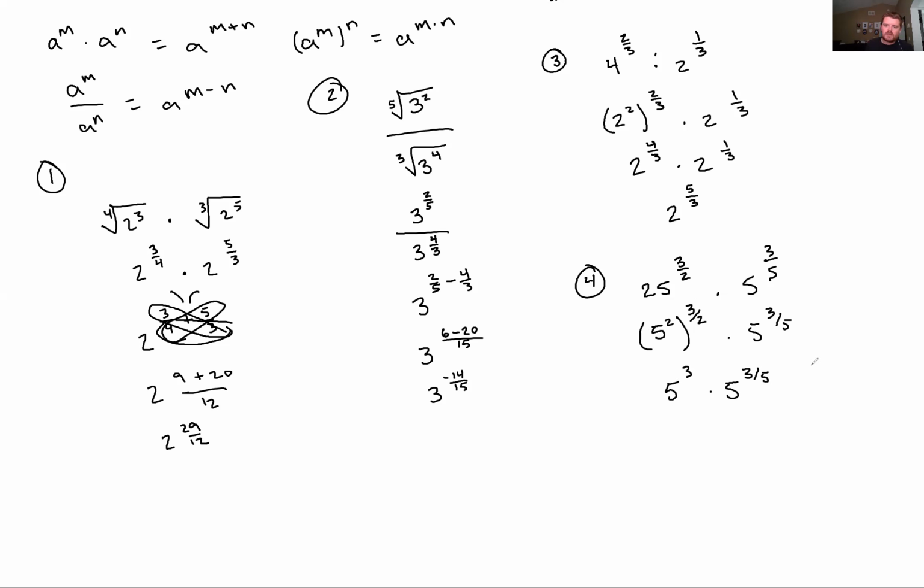I'm adding 3 and 3/5. Remember that when you're adding a fraction and a whole number, you can put a 1 as the denominator. And then same thing, use least common denominator or your butterfly method. So I'm adding 3 over 1 plus 3 over 5. If I do the butterfly method, that's 3 times 5 plus 3 times 1 over 1 times 5, which gives me a final answer of 5 to the 18 over 5.